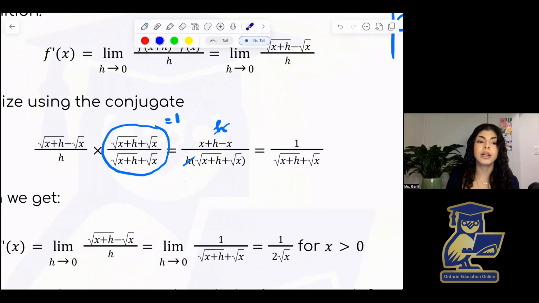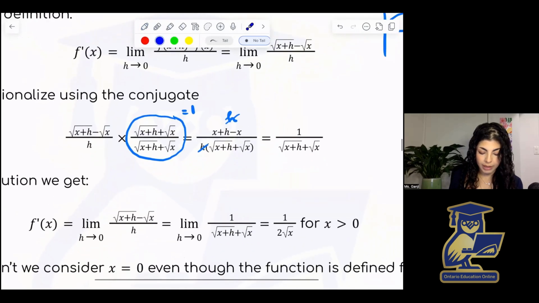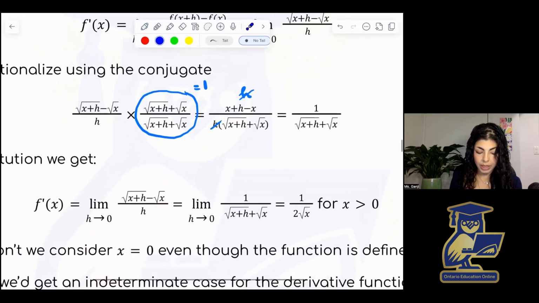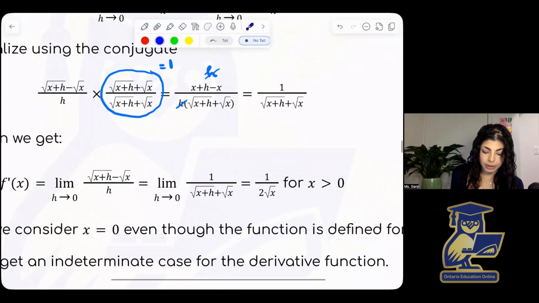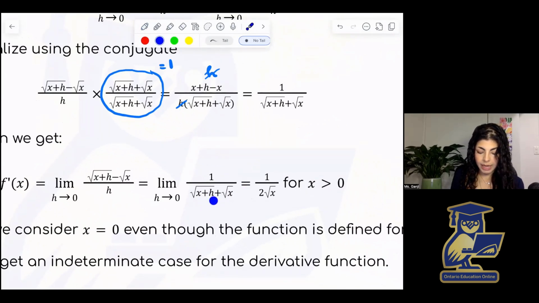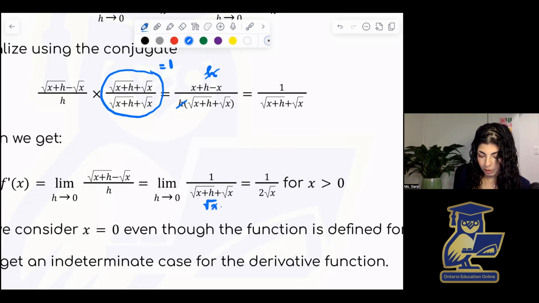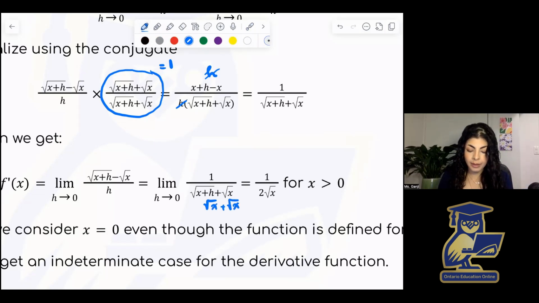And this denominator, if we substitute back into our function, we can actually solve through substitution because x plus h for h is 0 is not going to be 0. And so I'll be left with square root of x plus square root of x, which is just 2 square root of x.